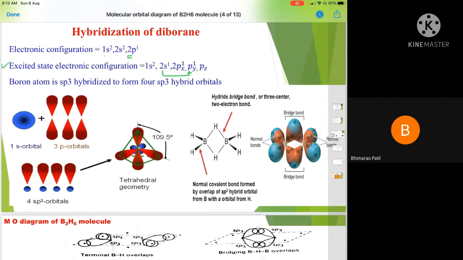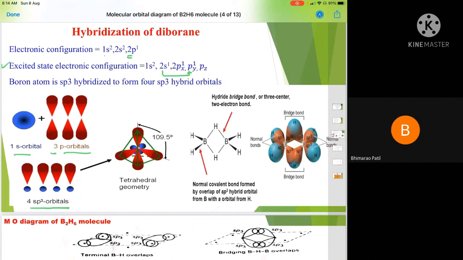And therefore, the boron atom is sp3 hybridized to form 4 sp3 hybrid orbitals. Here, one 2s atomic orbital is combined with 3 2p atomic orbitals to form 4 sp3 hybrid orbitals.